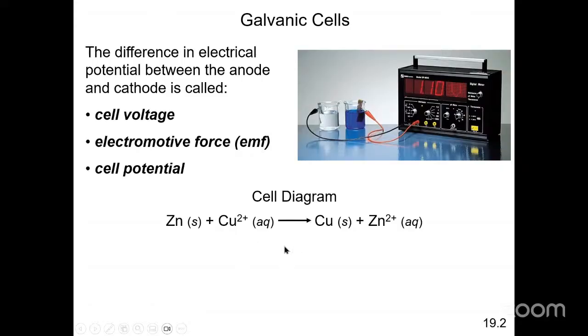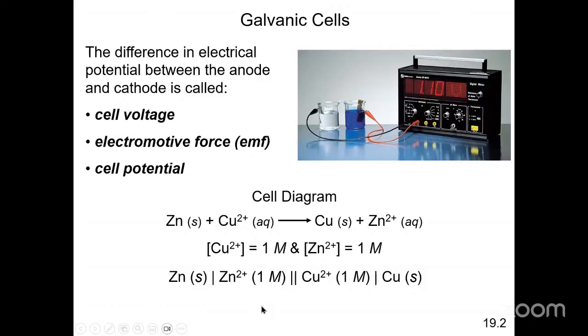So we can represent this with a cell diagram, right? The half on the left side represents the anode, which is made up of the zinc solid, and then you draw a line and then zinc ion, and then you have to put some information about what the concentration of the ion is in the aqueous solution.